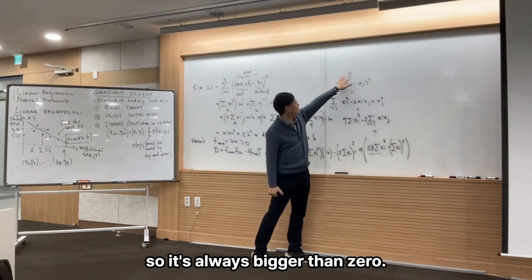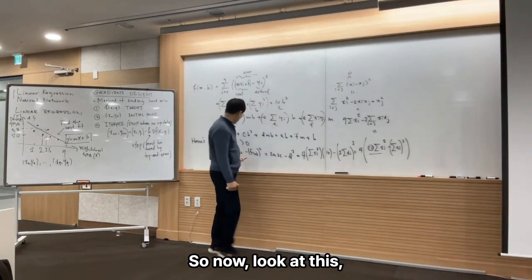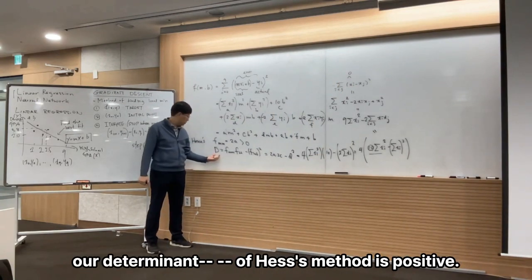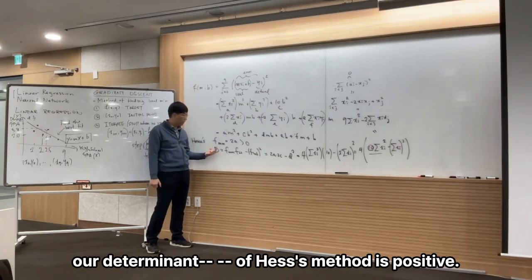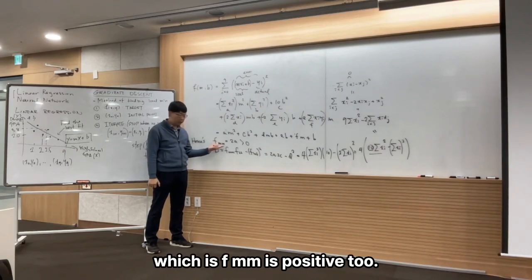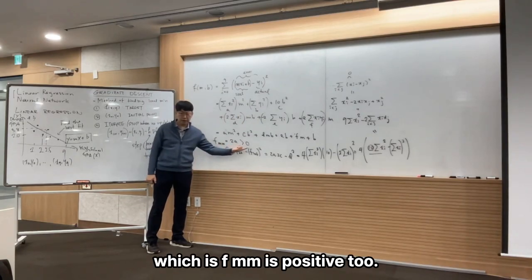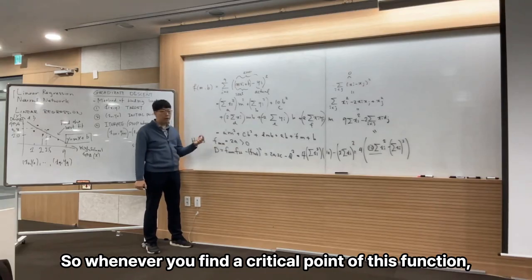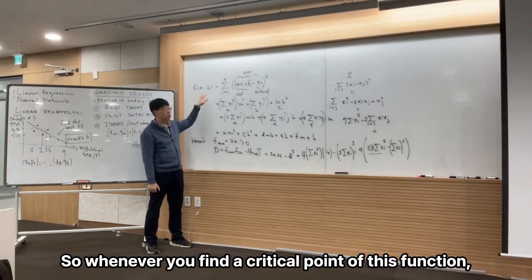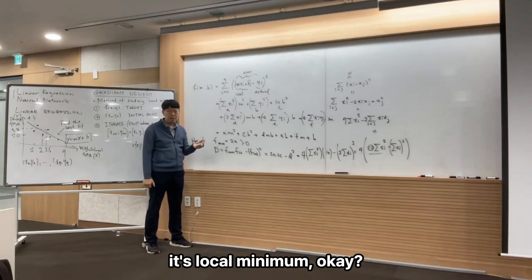So it's always bigger than 0. So now, look at this. Our determinant of Hess's method is positive, and our fxx, which is fmm, is positive too. So whenever you find a critical point of this function, it's a local minimum.